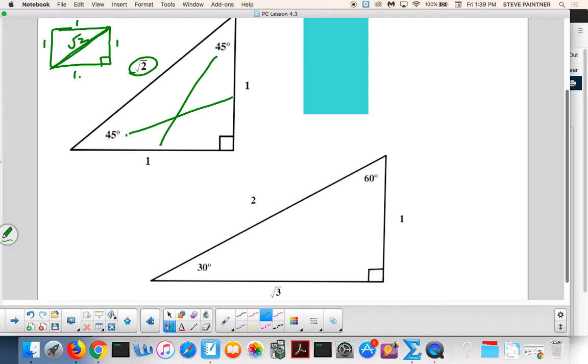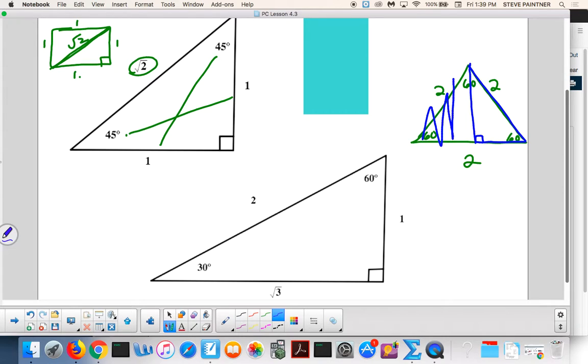Next, they came up with this one. You don't have to know this, but let's say we want to. Equilateral triangle, 2, 2, 2, with 60 here, 60 here, 60 here. They cut it in half, right down the middle. Then they only looked at this one. Here's your 60.